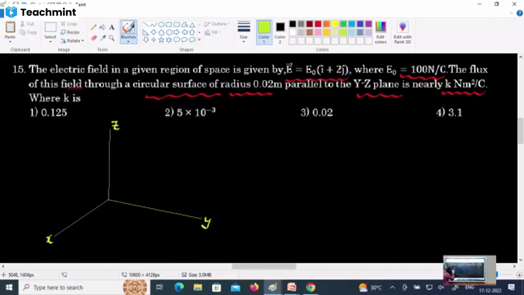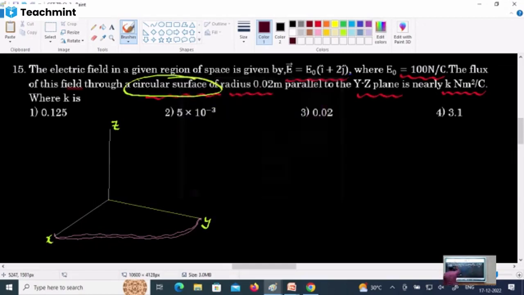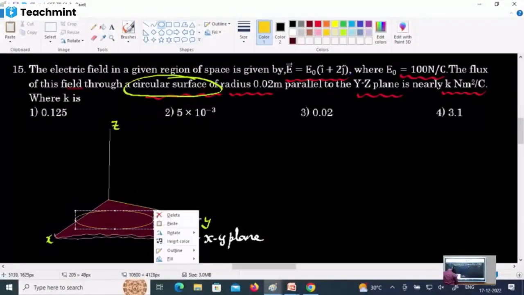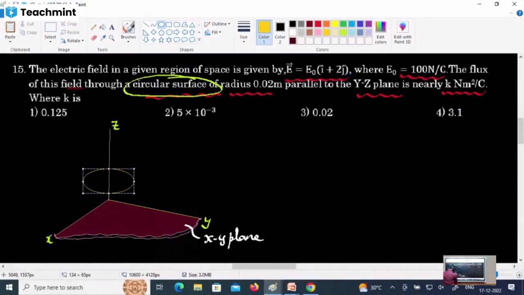And our circular surface must be parallel to the xy plane, that is, parallel to this plane. This highlighted region is the XY plane. The circular surface we take should be parallel to this.